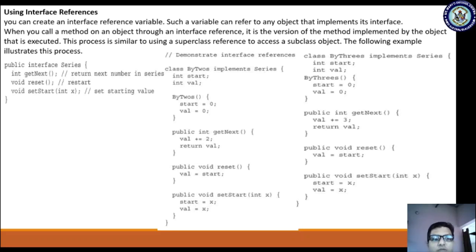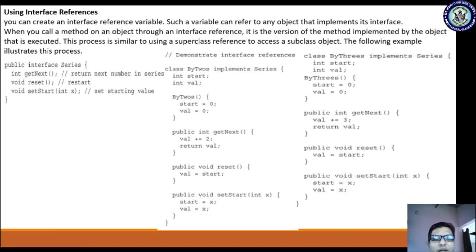If you assign the object of a class, then you are accessing the methods of the class. You create the object of the class, and this object can be assigned to the reference variable of the interface. So through that variable, I can access all the methods in the class. Got it? So this is the concept.